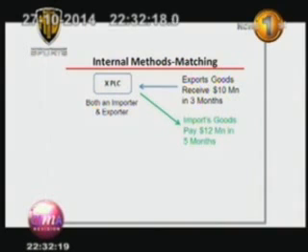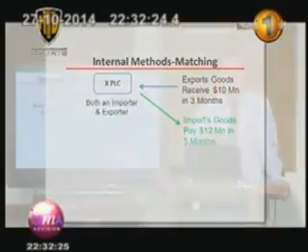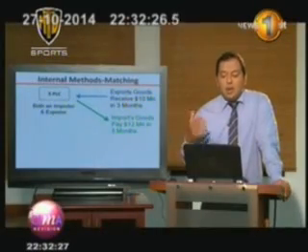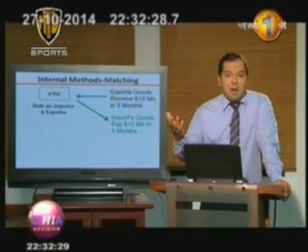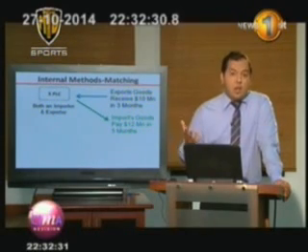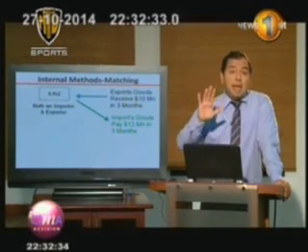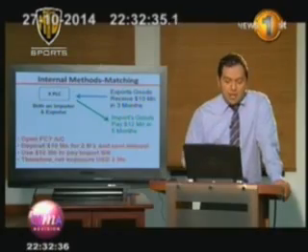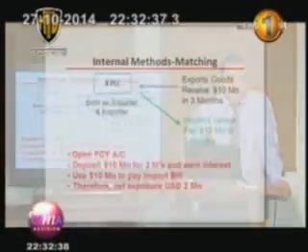Normally, what you would do is when you receive your dollars in 3 months' time, you will convert them to rupees, spend them, and then when you need dollars in 5 months' time, you will go out onto the market and buy these dollars. But if you are using matching, what you would do is you would open yourself a foreign currency account.